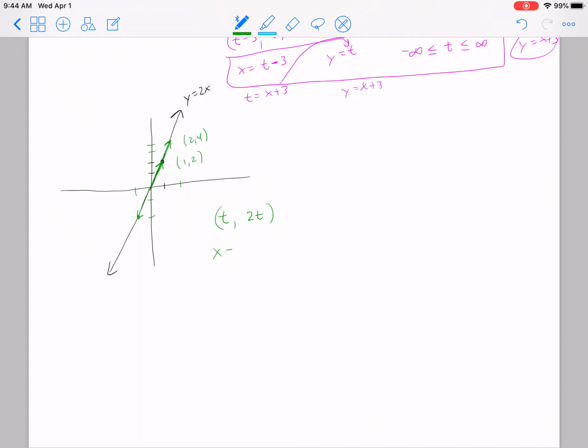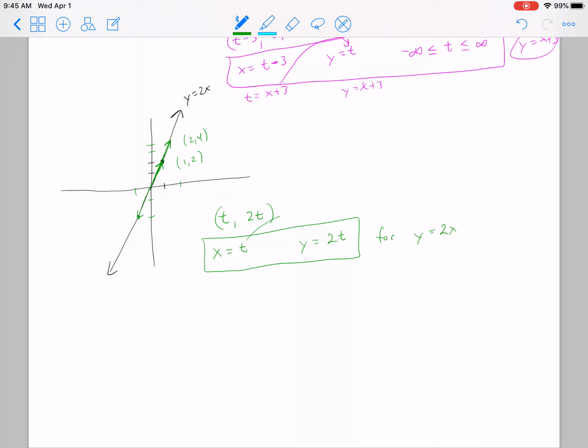And so we get x equals t, and we get y equals 2t. And again, our t can be from negative infinity to positive infinity. I'm not going to write it out again. But this parameterizes it for us right there. And this is for y equals 2x.